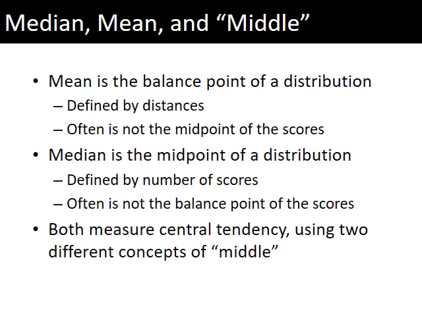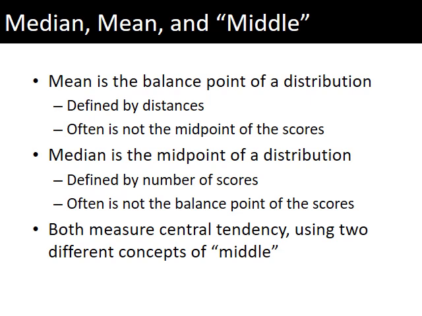Okay, so the mean is the balance point of a distribution. It's defined by distances between scores, but it's often not the midpoint of the scores. The mean could even live at a point in which no scores actually lie, if the scores are very spread out. The median is the midpoint of a distribution, so it's defined by the number of scores, but it's often not the balance point of the scores.